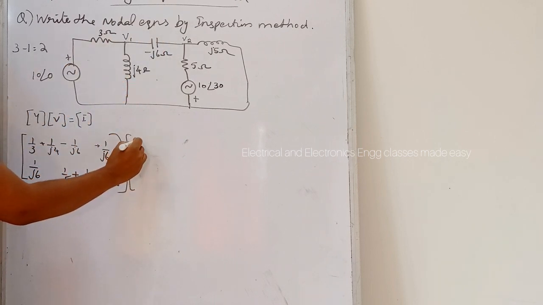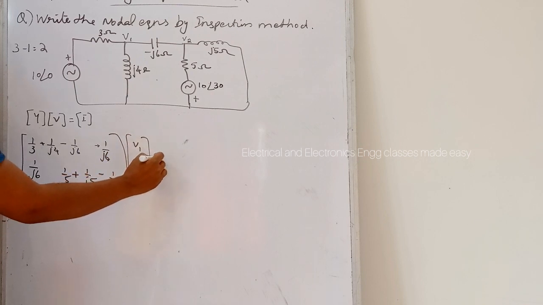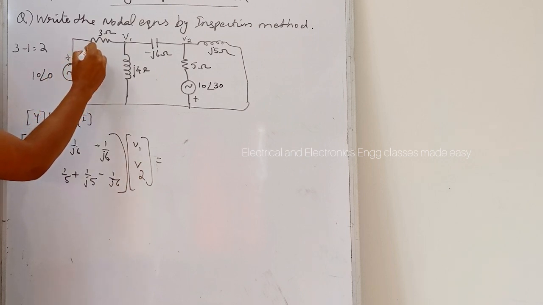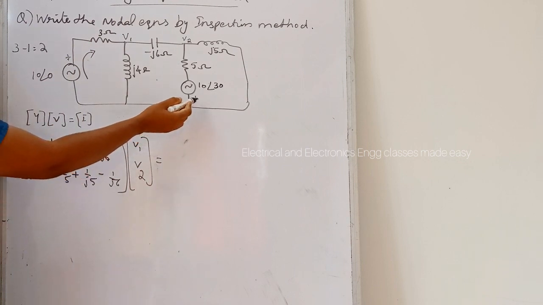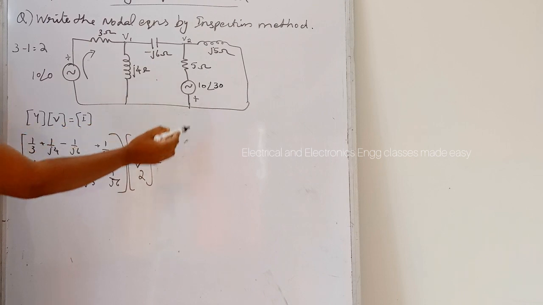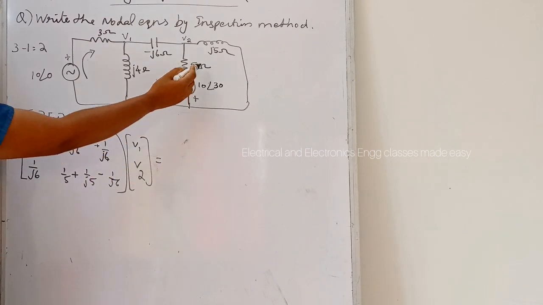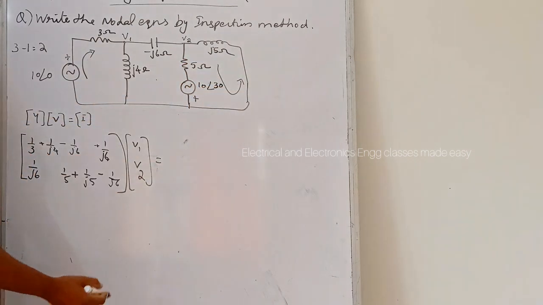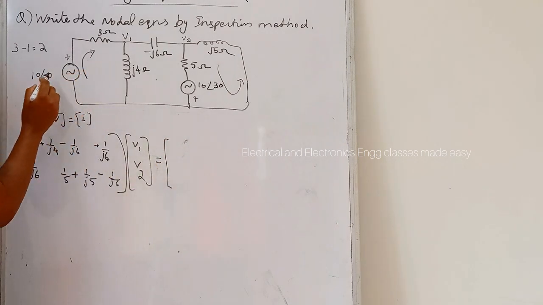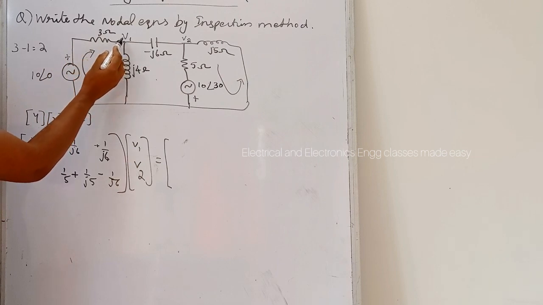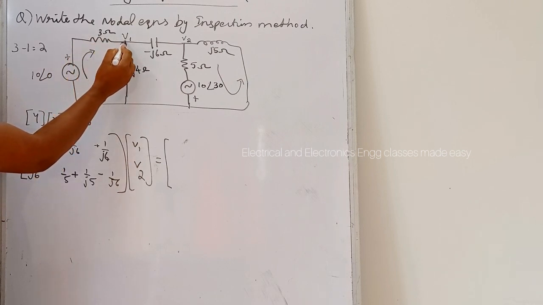Then V1, V2 is equal to, here this is the voltage source given and this is the plus point. So the current direction will be in this way, and here this voltage source, the plus sign is here, so it will be from minus to plus. So the current direction will be in this way. So in the first one, we can write I1 is positive because this current is flowing towards this node.